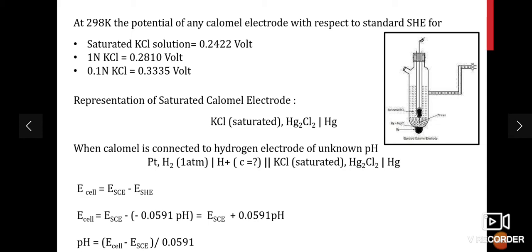KCl, that is potassium chloride solution, is then placed over the paste. So first the mercury, over the mercury the mercurous chloride Hg2Cl2, and after that potassium chloride is placed. A platinum wire is dipped in the mercury layer at the bottom, which is used for making electrical contact. Then the side tube is used for making electrical contact with the salt bridge.